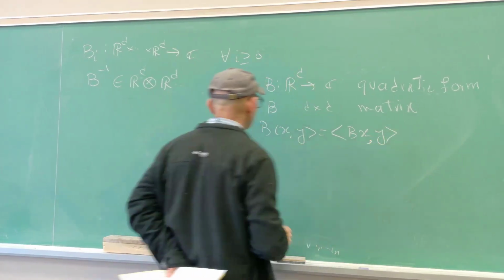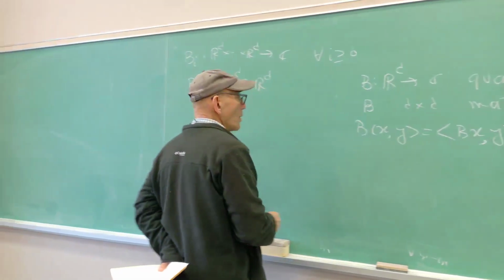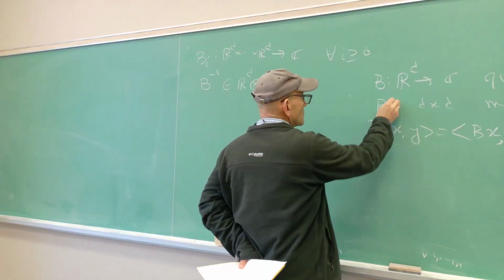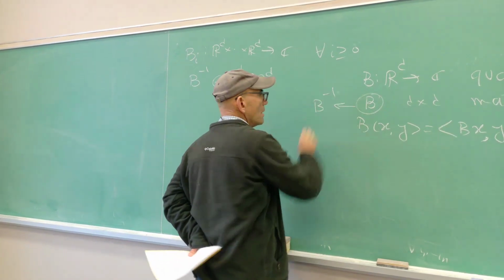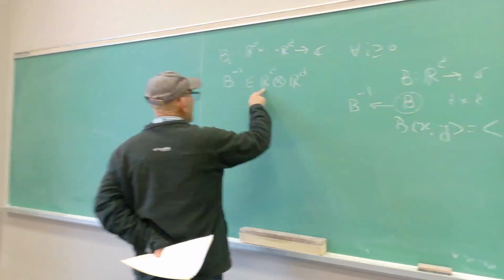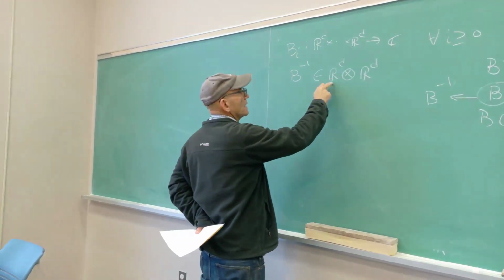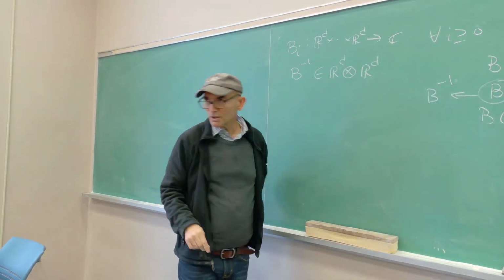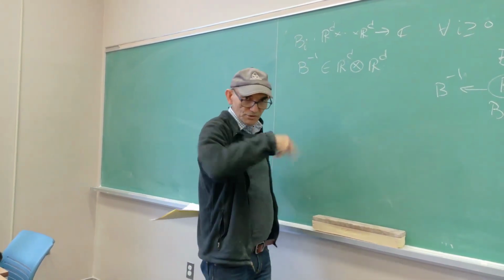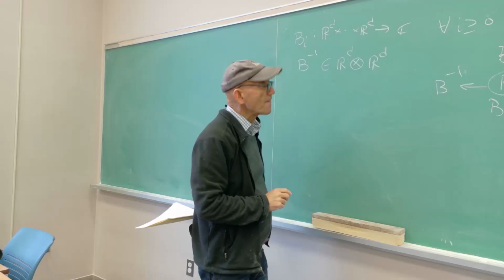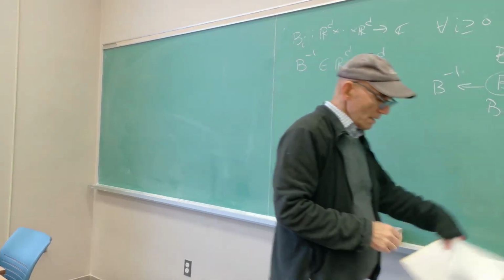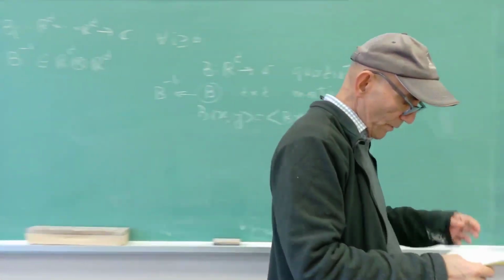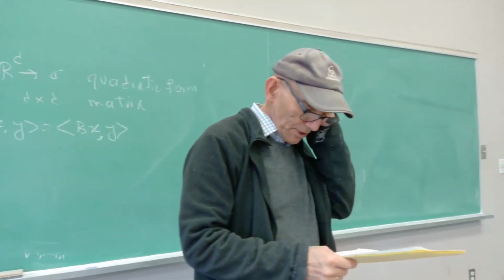This was the notation. Now, once you think of it like this, you can take B inverse, and then we think of it as an element in R^D tensor R^D, because you just sum over indices. Okay. So that's the way we want to think about these gadgets.